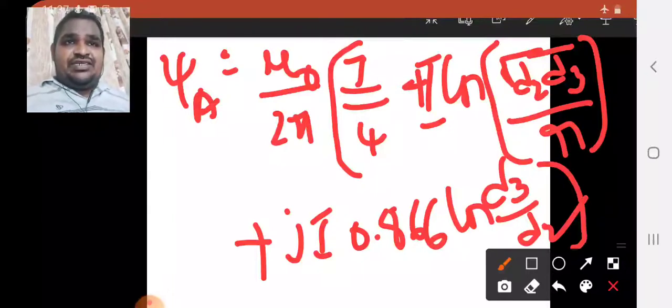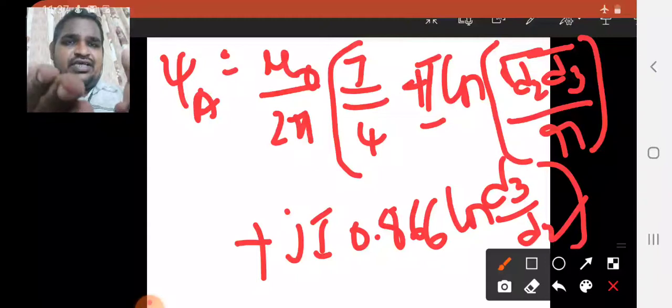Now what is the inductance of A? The inductance of a line is flux linkage divided by current.